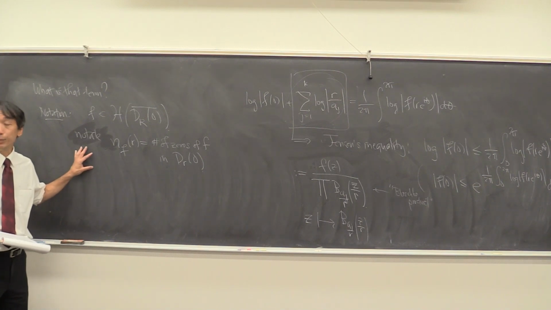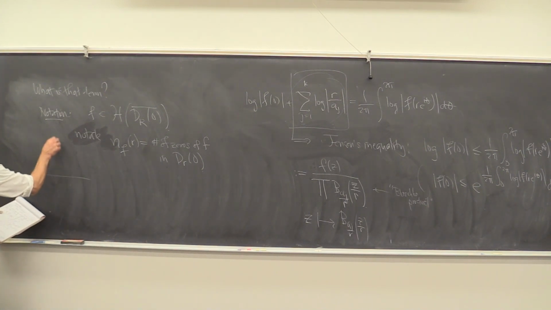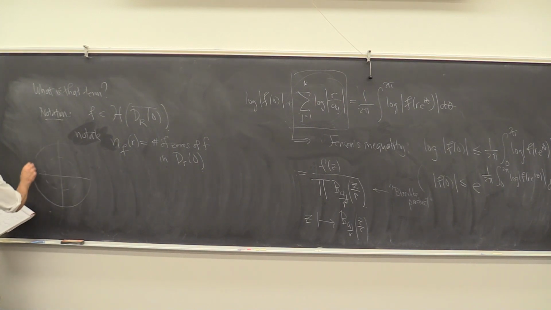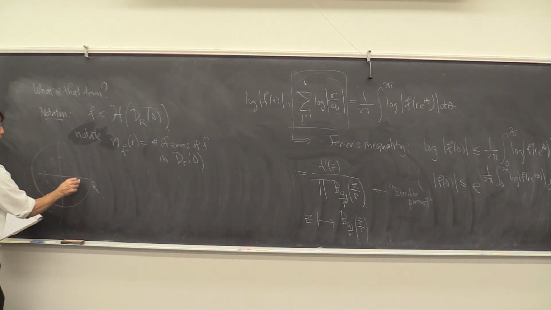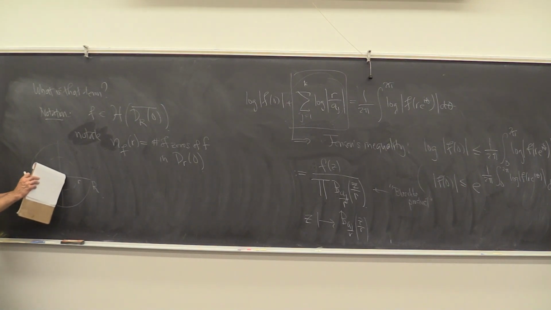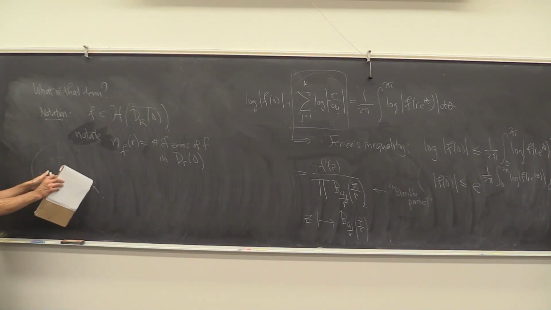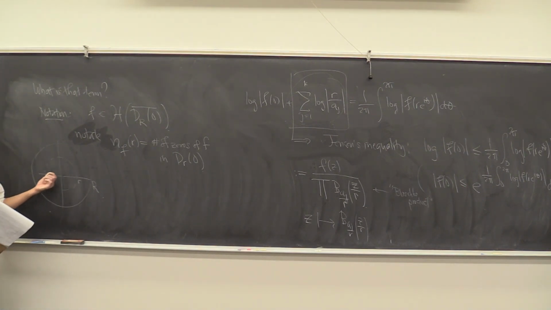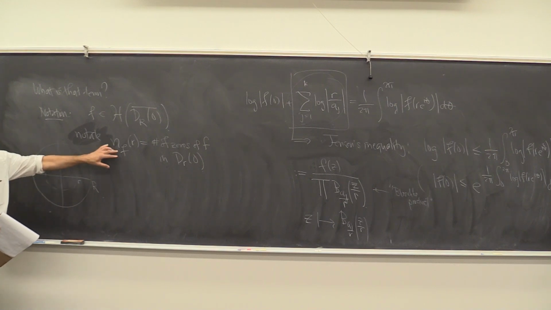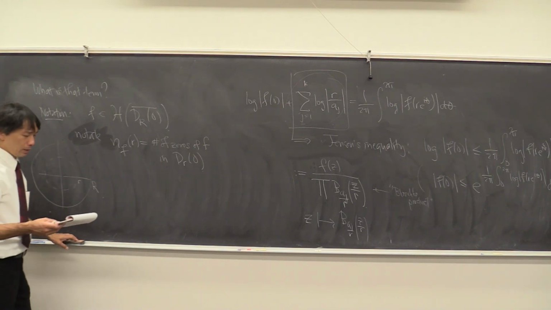So it just records the number of zeros of f. Your function is defined on some radius r, and you're seeing as the radius increases how many zeros are in there. So it just counts the number of zeros of f.